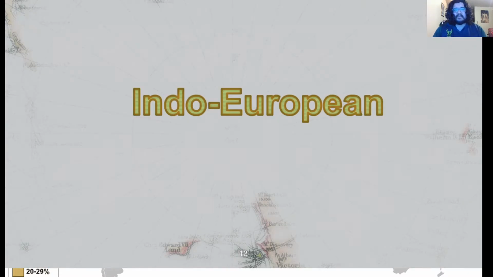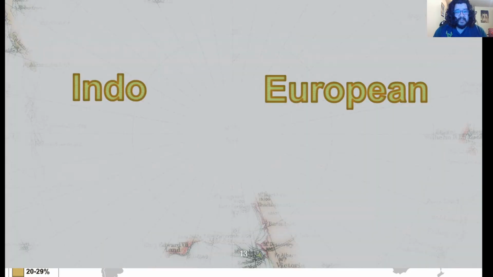Now, an easy way to remember Indo-European, aside from just memorizing which languages are in the family tree, is to think of it this way. We have Indo-European as the family, this nice hyphen for us. And so what we can do is break this hyphen, and what we're going to end up with is Indo on one side, European on the other. And so most any language you can think of as being found in Europe is an Indo-European language. That makes sense.